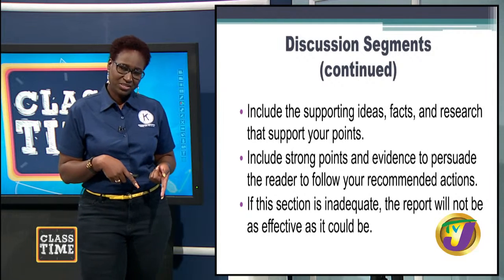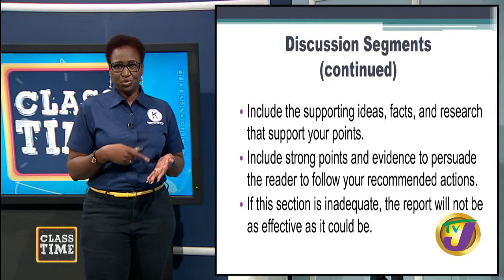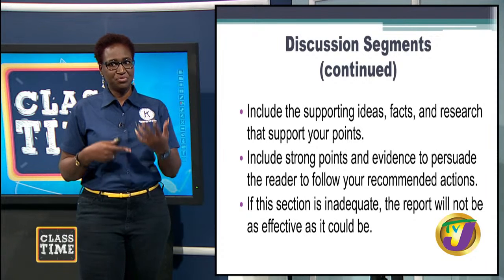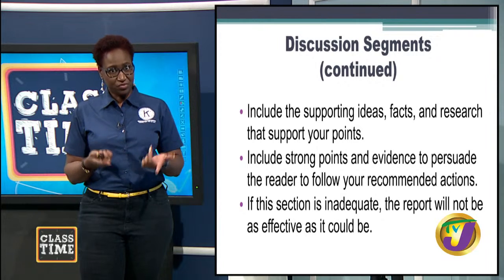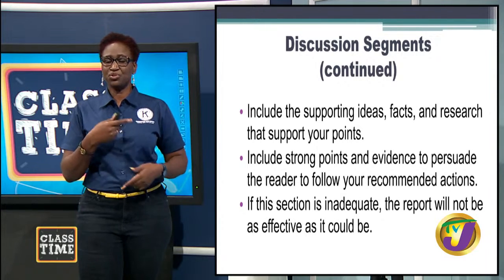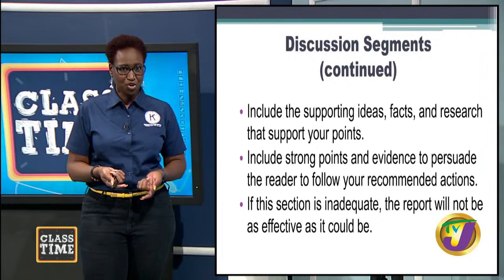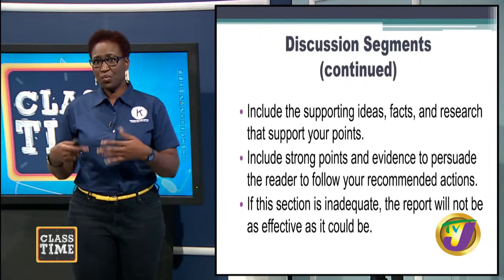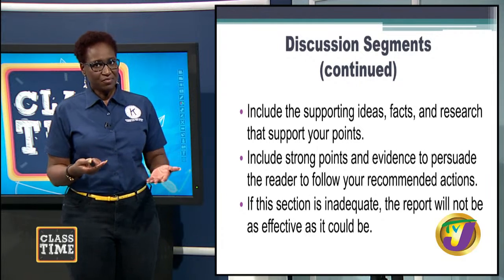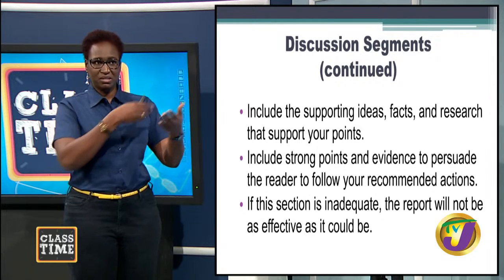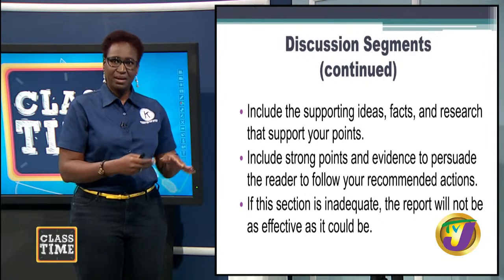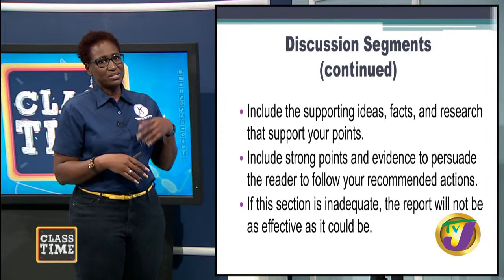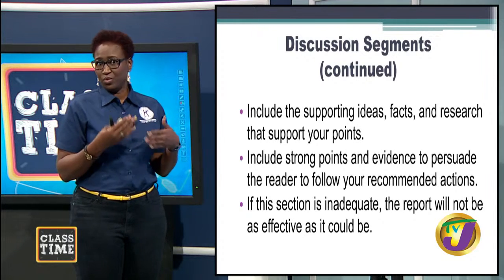Continuing with the discussion segment. So you need to make sure you include your supporting details. Any facts, any figures, any research that was done. Have to do that because you want to make sure you substantiate any claims that you're making. So if you say that sales fell because of the weather, then you naturally have to show that on the days when this particular weather was in play, the sales were this number, as opposed to another day when the sales were up and the weather was different.